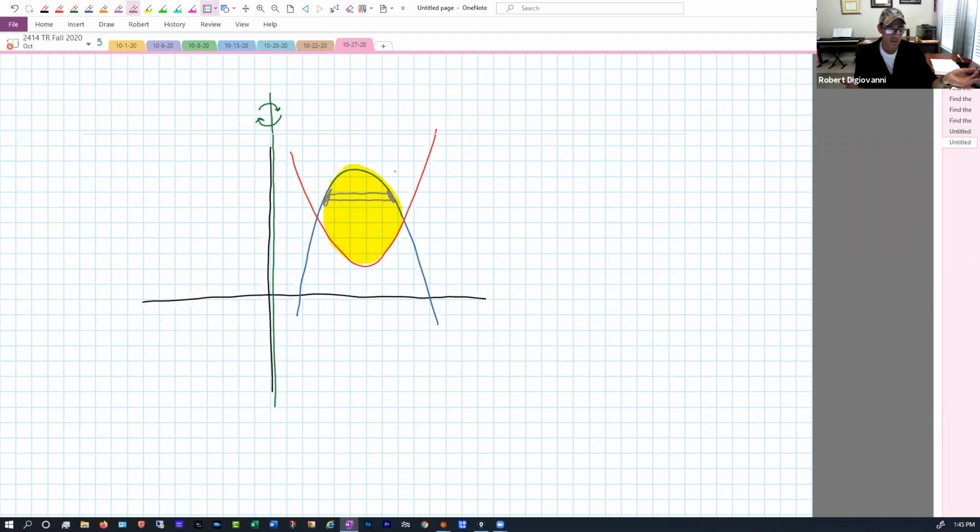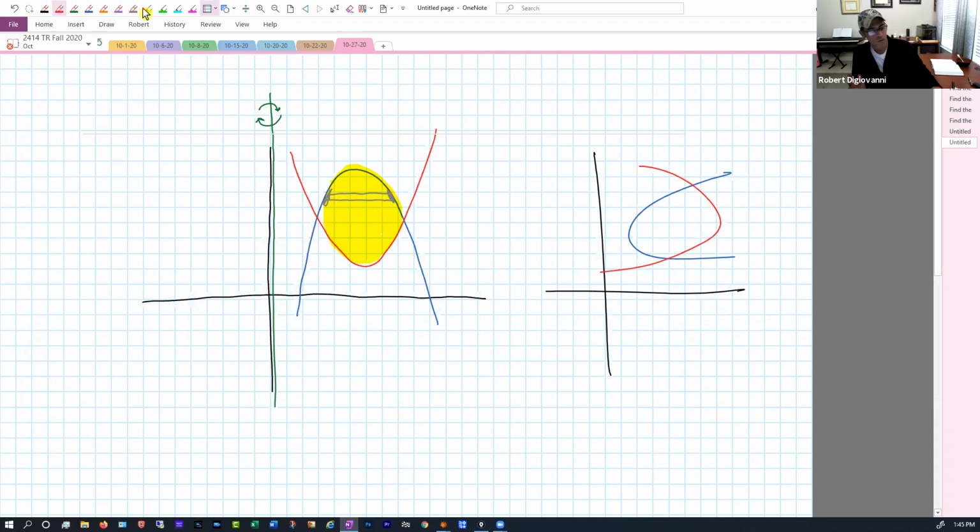Now, that was not a problem when we were doing areas, because when we were doing areas, I could find the area of that yellow region. Regardless of what it is, I can do the area of that. I can do the area of this, like if I reverse it. So if we're talking about areas, we can find the area of the one on the left by doing vertical rectangles.